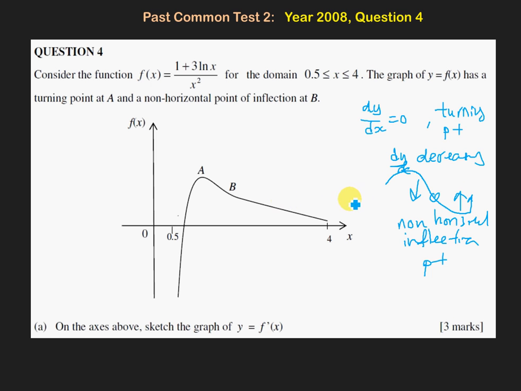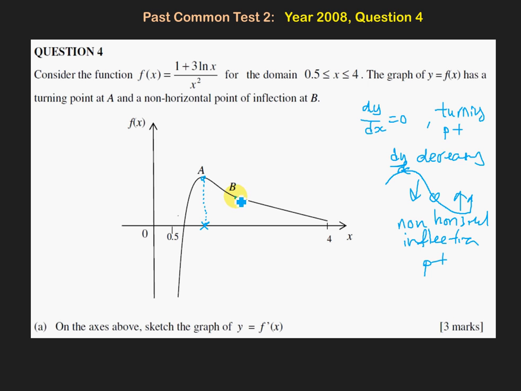So what does that mean? Let's tackle the turning point idea first. At the turning point, this is a turning point here. So it means that if we were to sketch the f prime, the f prime would cut the x-axis here. So let's mark this. That's for sure.